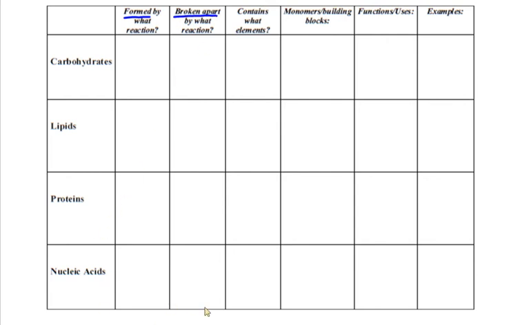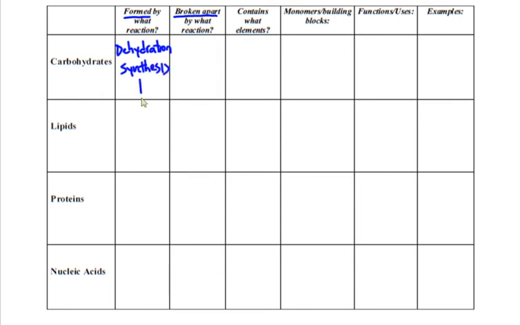Whenever we are forming something, making things more complex, making bigger chains, making a disaccharide, making a dipeptide, making just a polymer, which is just a very general term, we use the process of dehydration synthesis.